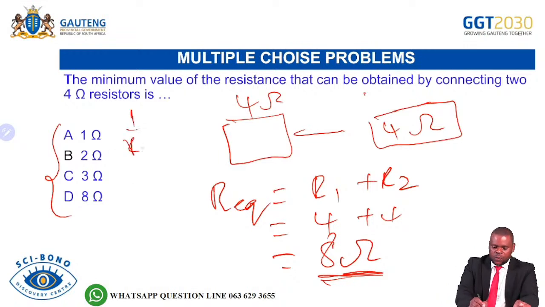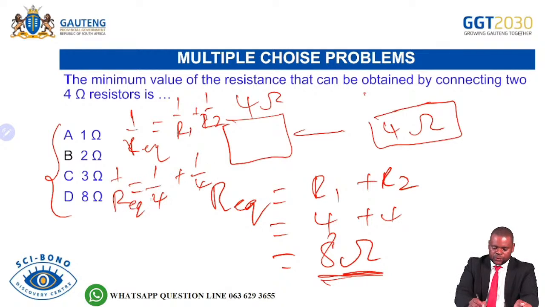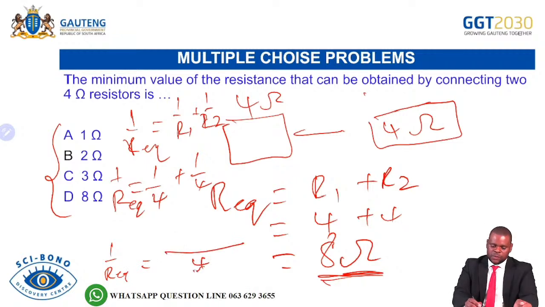In parallel, 1 over R equivalent is equal to 1 over R1 plus 1 over R2, which is the same as 1 over 4 plus 1 over 4. Remember, this is 1 over R equivalent. Then 4 goes how many times into 4?